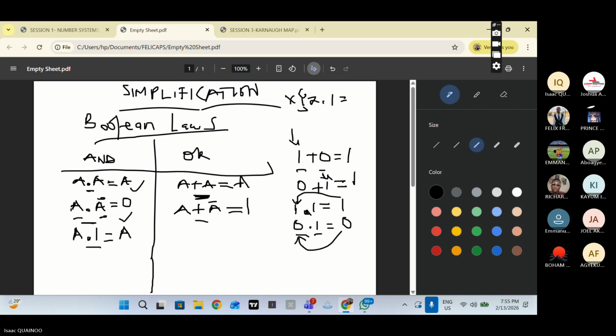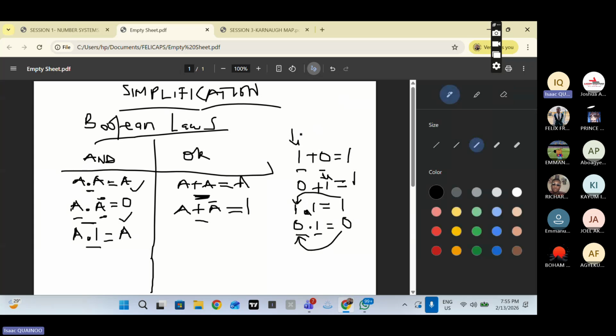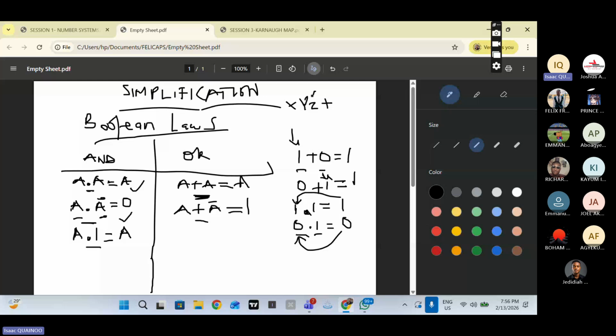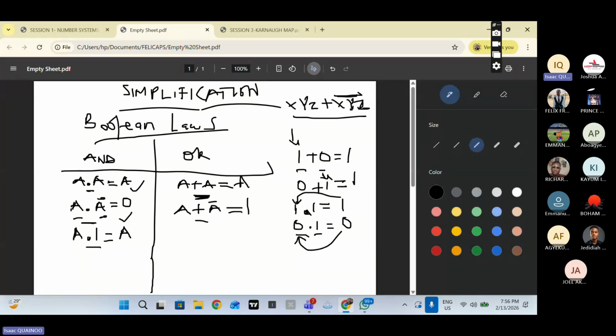Let's take an example. Let's say you have X, Y, Z plus X, Y bar Z plus X, Y bar Z. This looks like a lot, but the Boolean laws are telling us that all this, let me put a bar on this, so you have X, Y, Z plus X, Y, Z all bar, will return a 1.